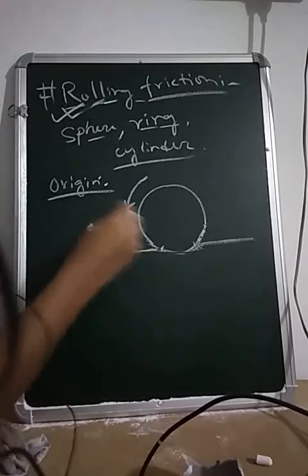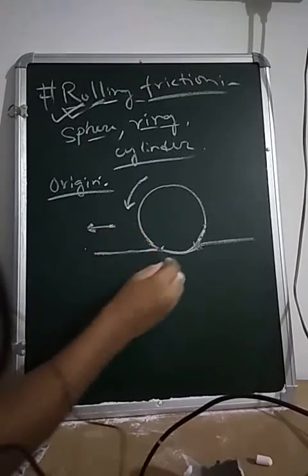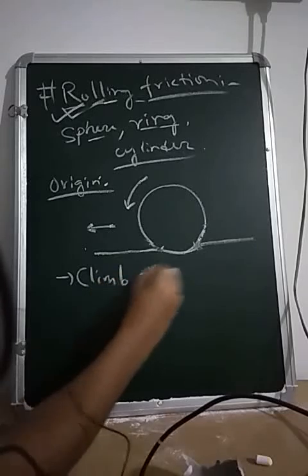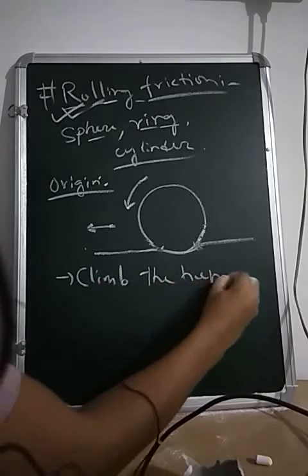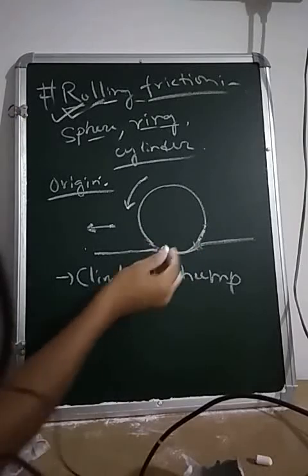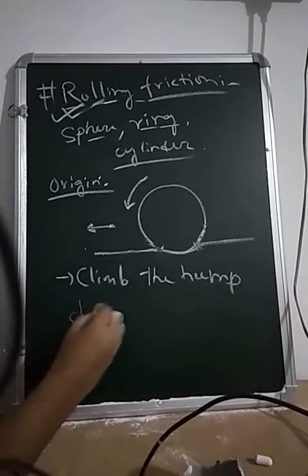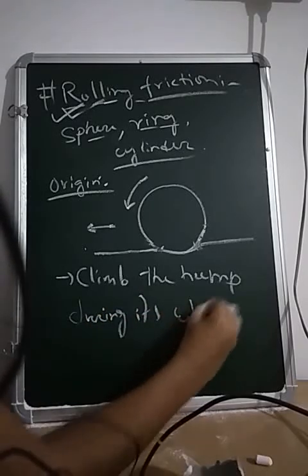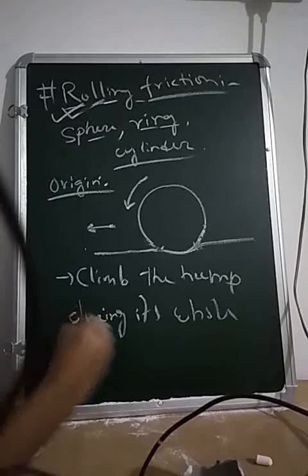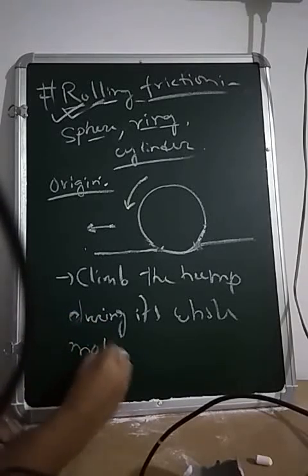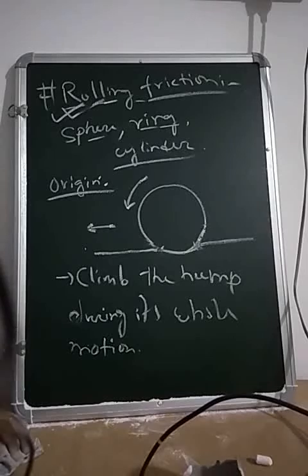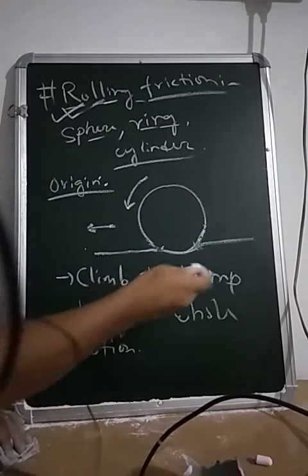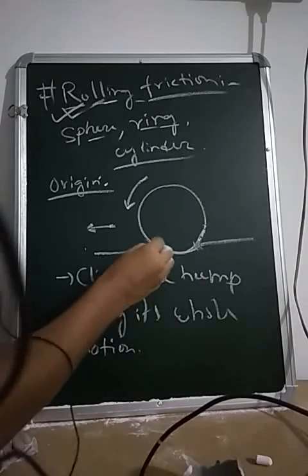So when the wheel moves in the forward direction, what happens? It has to climb the hump created by the depression during its motion, at every position.